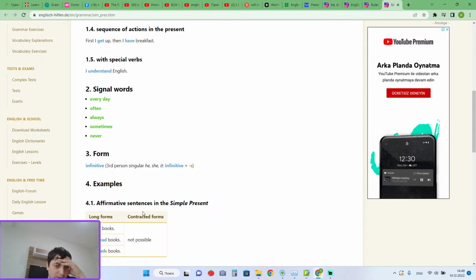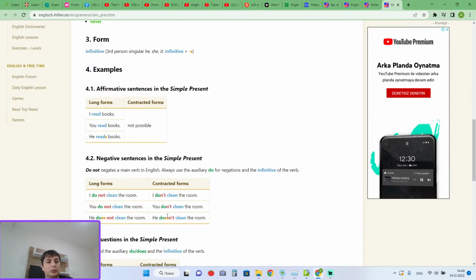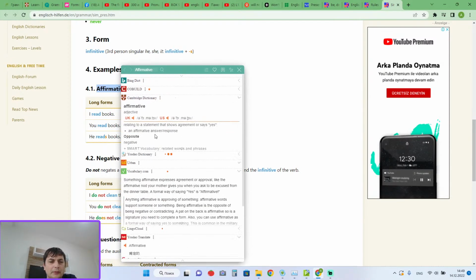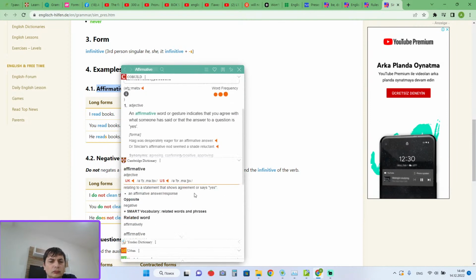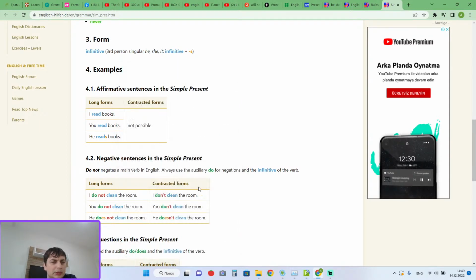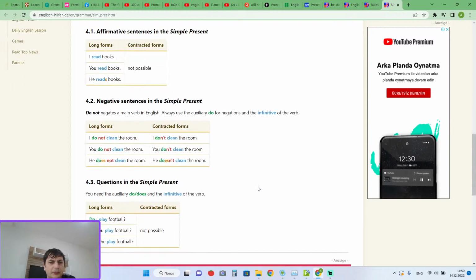Contracted form. Contracted forms not possible. Yes, short form. Affirmative sentences. I want to hear the pronunciation. Affirmative sentence in the simple present. Question in the simple present.